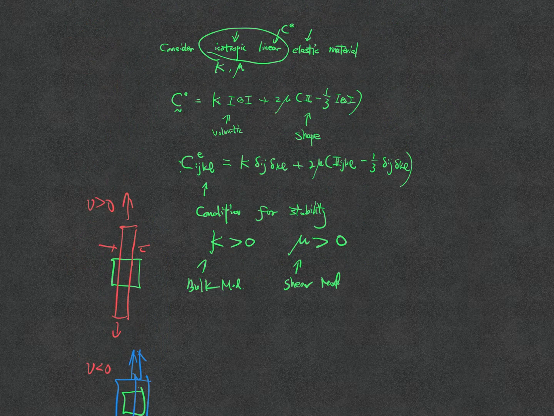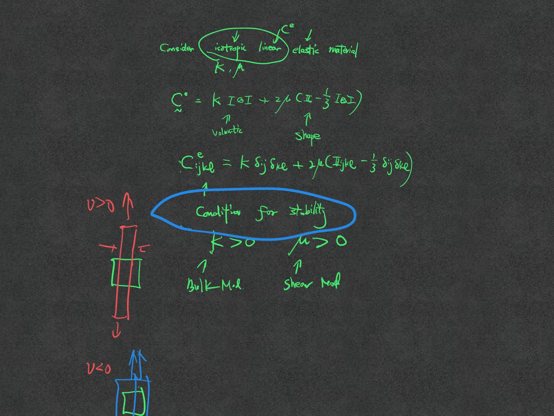Our goal is to study the plasticity. Why do I care about this? Because I know that if I set the bulk modulus and shear modulus to be greater than 0, I would get a stable response. There would be no problem putting it into the finite element.